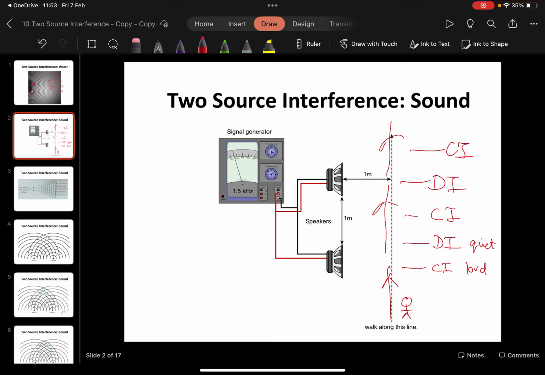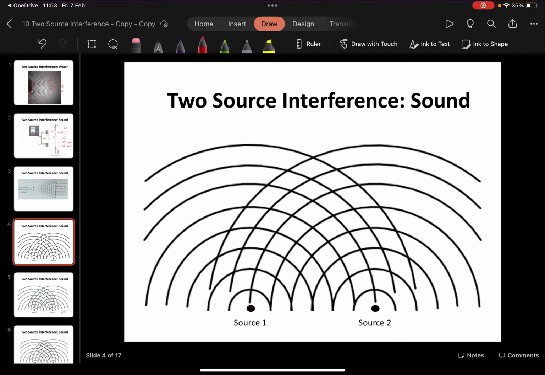So how do we show this from a diagram perspective? Let me have a go at trying to recreate this with you, and you've got your own copy and you can recreate this once you've watched me doing this with you. Two sources of wave, and each of these lines is a wave front showing you the peak of the wave.